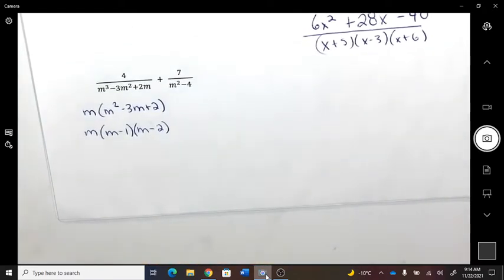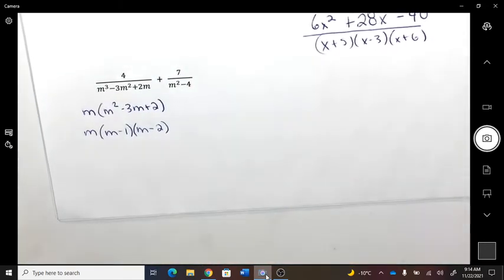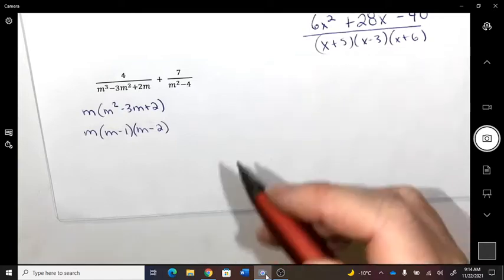Okay, so get me 3 multipliers on that one. Okay, next, that bottom is a difference of squares, so do that out.